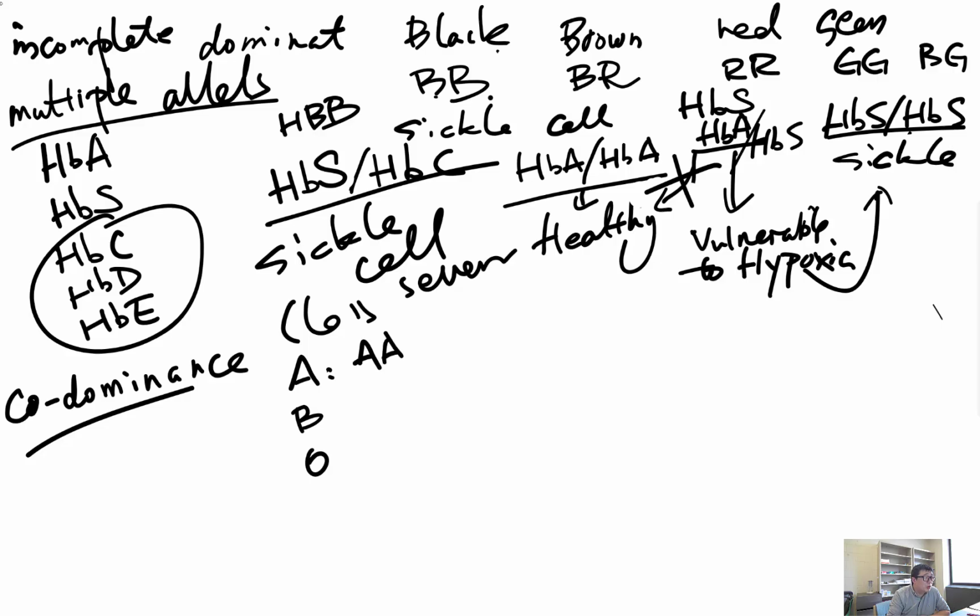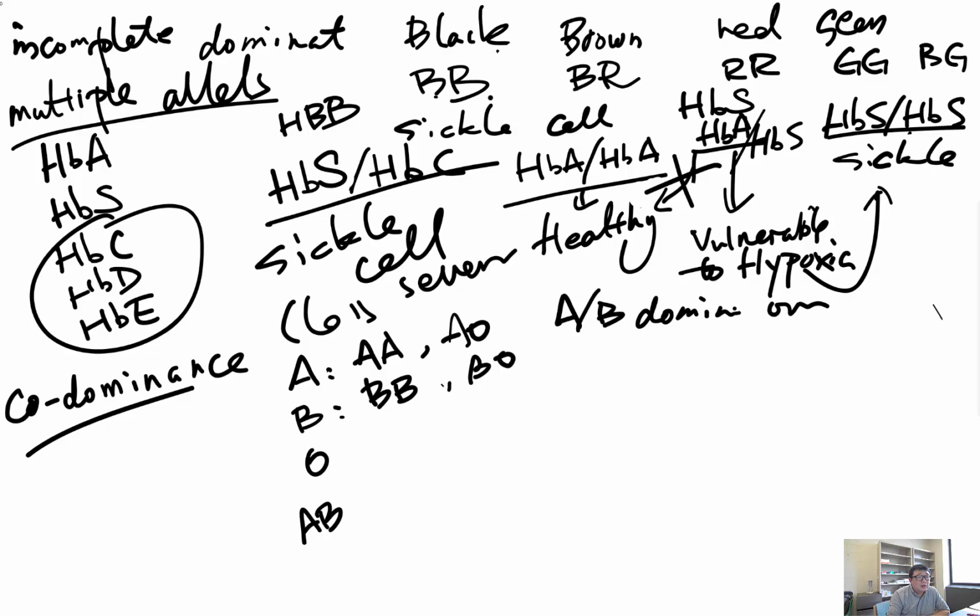Double A alleles will be A blood type. A and O, AO, is also A blood type, and BB and BO are all B blood type. So A or B are dominant over O. Only OO is O blood type.